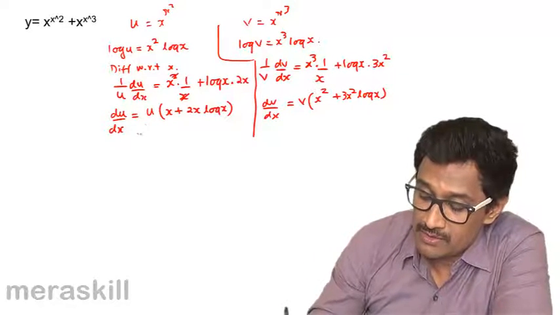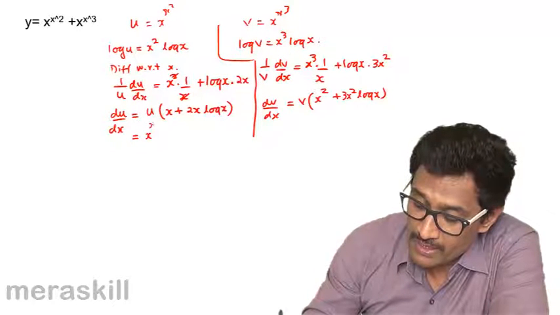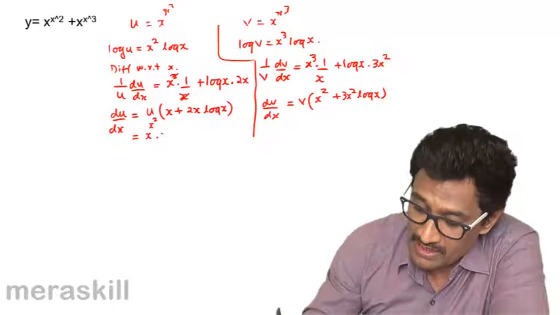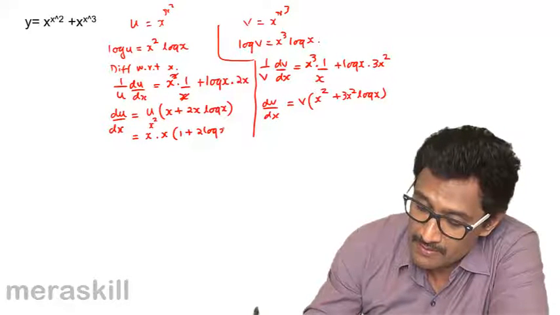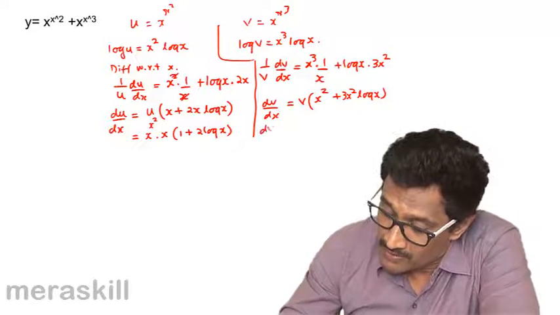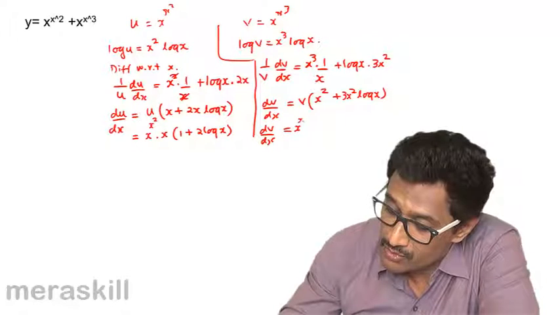We can still take out common terms. u is nothing but x raised to x square, and again you can take x common and you get 1 plus 2 log x. Then dv by dx is v, which is x raised to x cube.